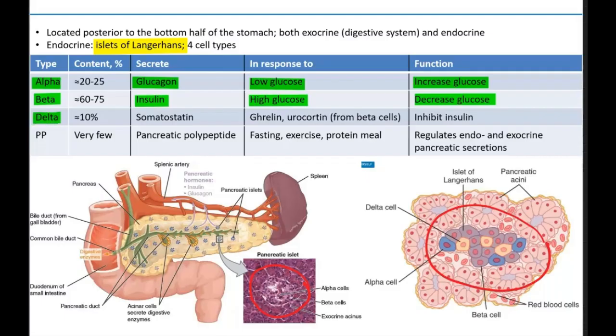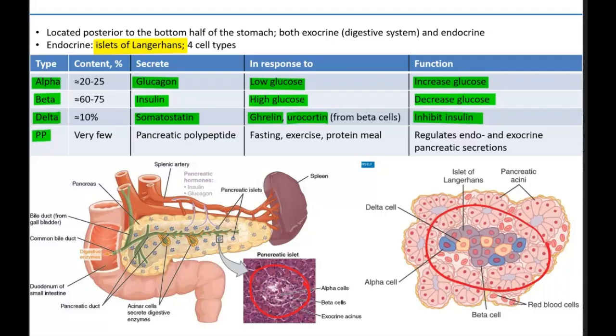Delta cells produce somatostatin, or growth hormone inhibiting hormone, which inhibits insulin release and is produced in response to ghrelin and orexin, hormones that are produced when you are hungry. And it makes sense, so insulin does not take the sugar out of your blood.